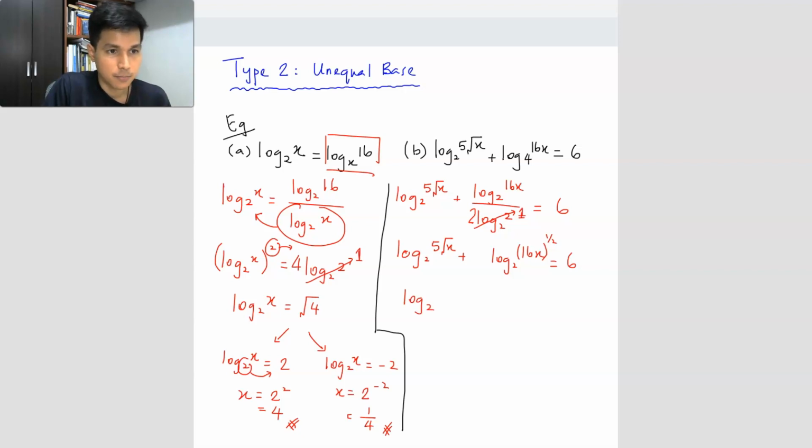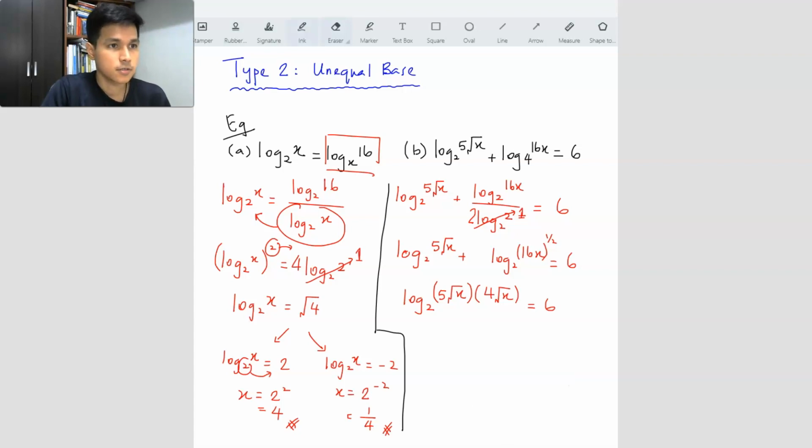This one is plus, right? Plus means you have to multiply the values. So 5√x multiply. If I write square root, right? Because power 1 over 2 means square root. So square root of 16x gives you 4√x. So I write here log base 2 of 20x equals to 6.